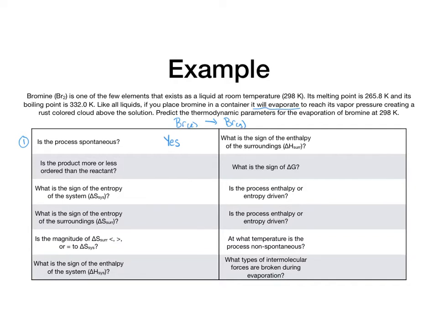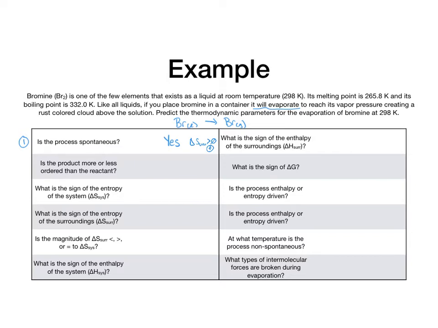And so now, since we know it is spontaneous, that tells us that the delta S of the universe is greater than 0. Delta S of the universe is positive.